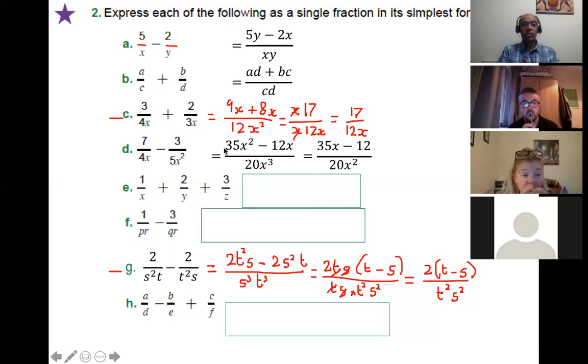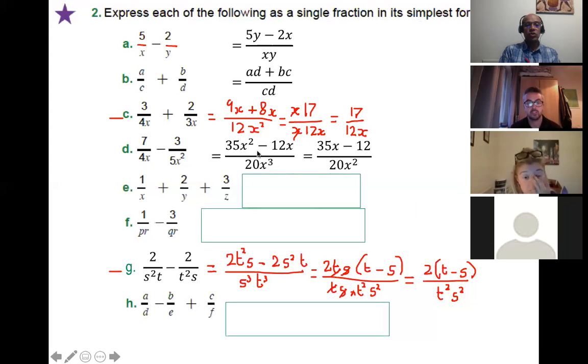And the thing is, you need to see that you can factorize the top with x times 35x minus 12, and at the bottom, x times 20x squared. So you've got to simplify as far as you can. That's why the question was in its simplest form at the top, okay? So I don't know if you've managed to see that.